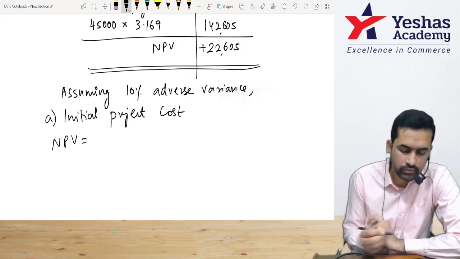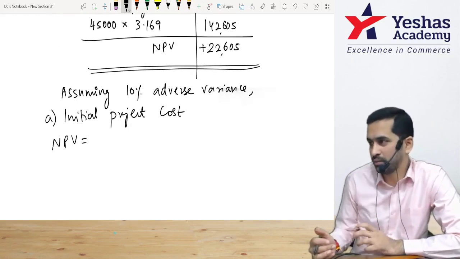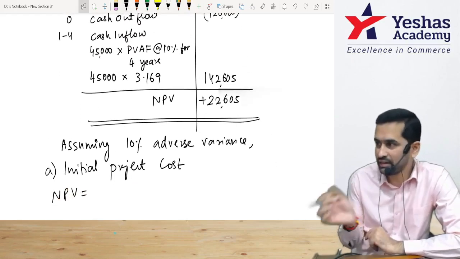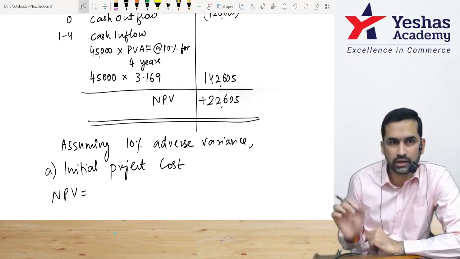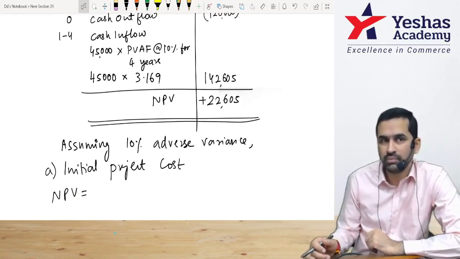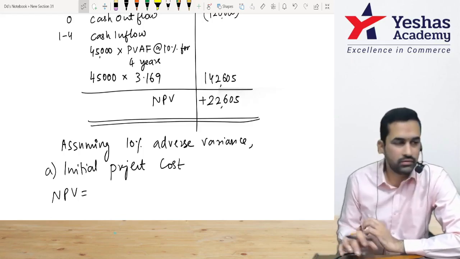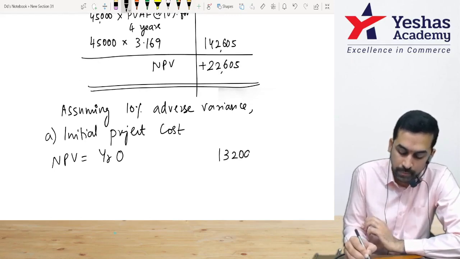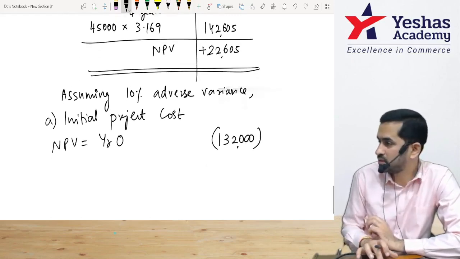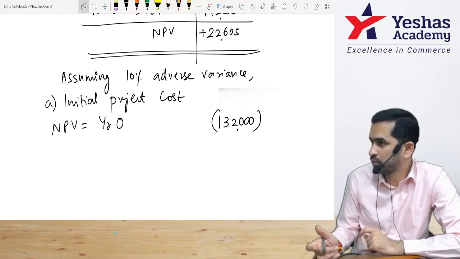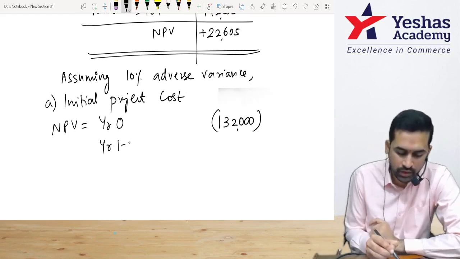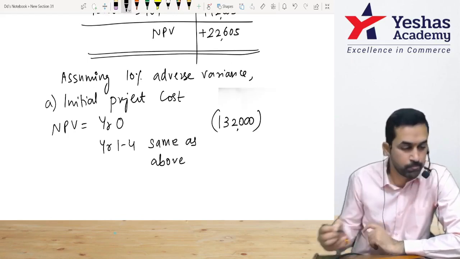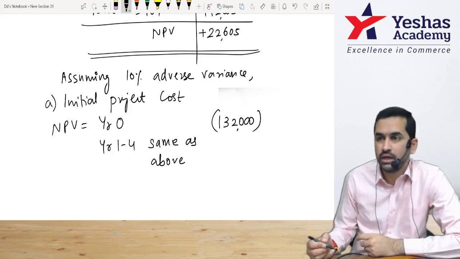NPV is equal to, I don't have to work out the full table. Tell me, that minus 1,20,000, only that will change, correct? That will go up by 10%. So NPV year 0 will be minus 132,000. Year 1 to 4, you can simply write the same as above.